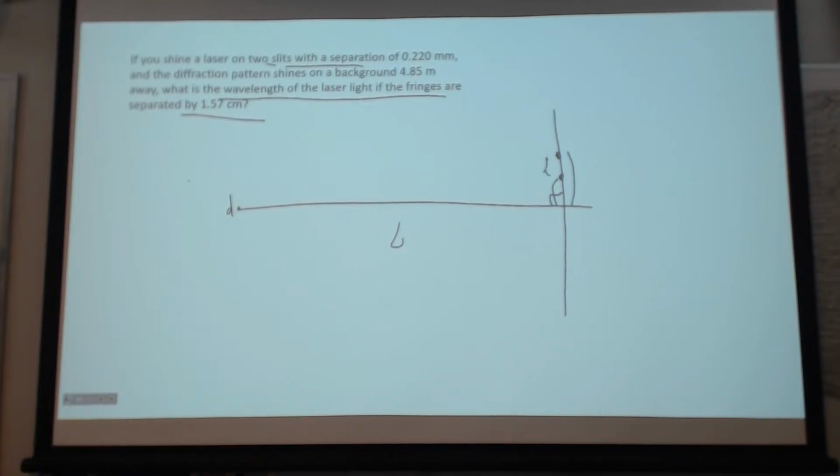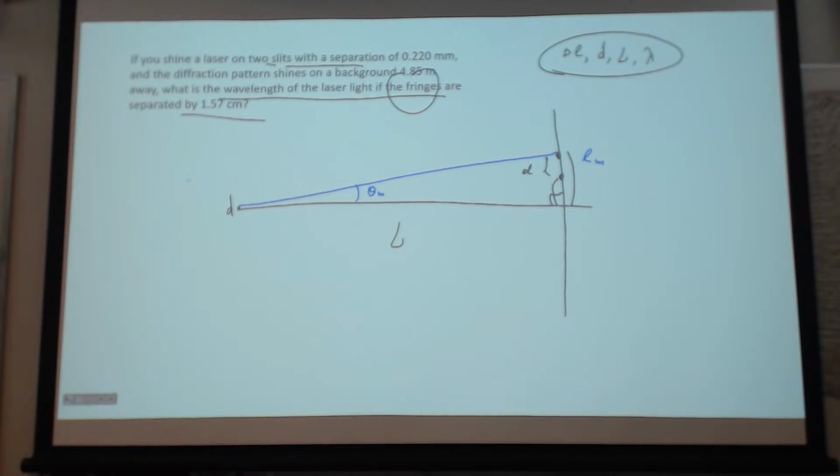The distance between the fringes, delta L, is given. So you've got this number, this number, this number, and you're looking for the wavelength. You could have started from the maximum number M, for example.